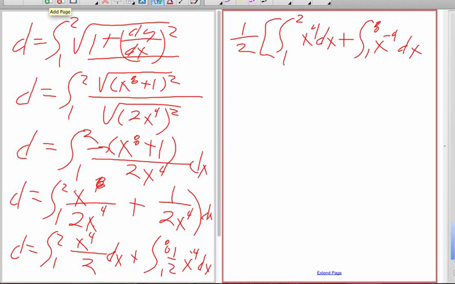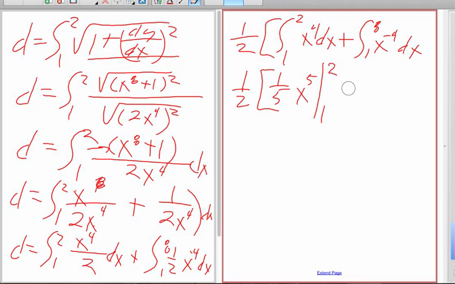So I do it. I'll have 1/2 times all of this. And I'm going to add 1, so I'm going to have 1/5 x to the fifth evaluated from 1 to 2, plus, except now I'm going to have a negative. So when I add 1, I end up with a negative 3, so it's going to be minus 1/3 x to the negative third evaluated from 1 to 2.